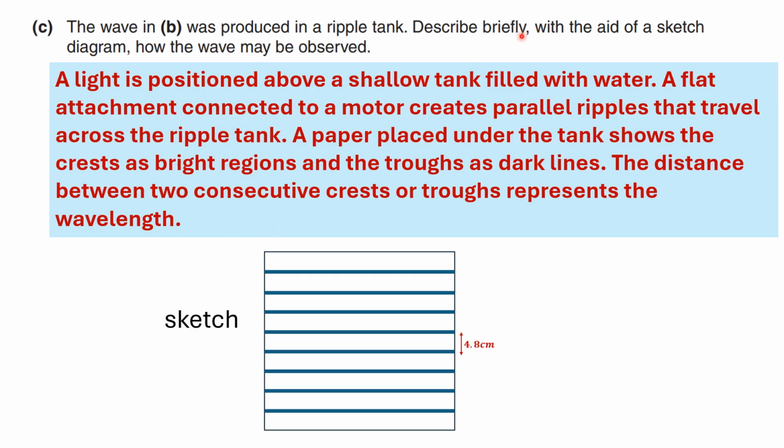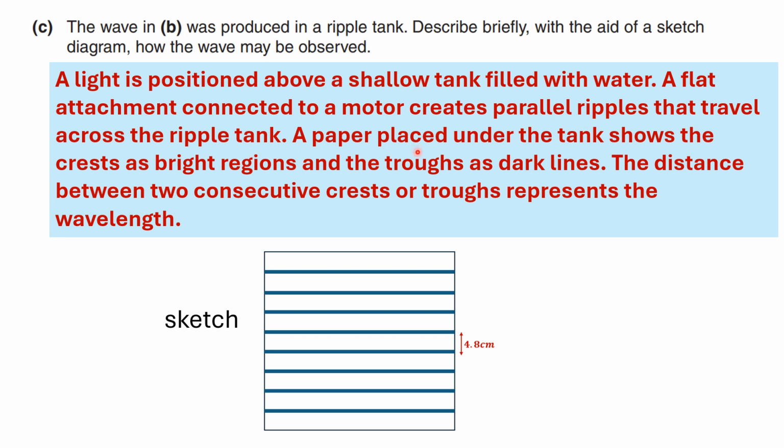So here is a brief description of the ripple tank that we have used to observe the plane waves. A light is positioned above a shallow tank filled with water. A flat attachment connected to a motor creates parallel ripples that travel across the ripple tank.